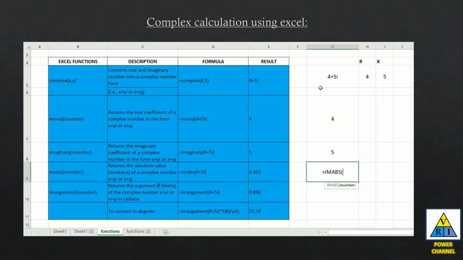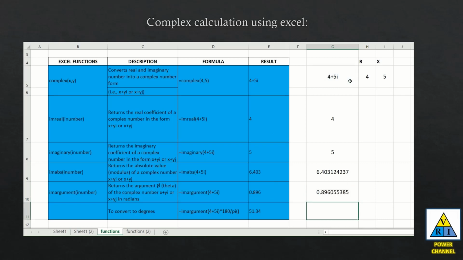Next is IMABS, which yields the absolute value or the modulus of a complex number. Next is IMARGUMENT, which returns the theta of the complex number in radians.